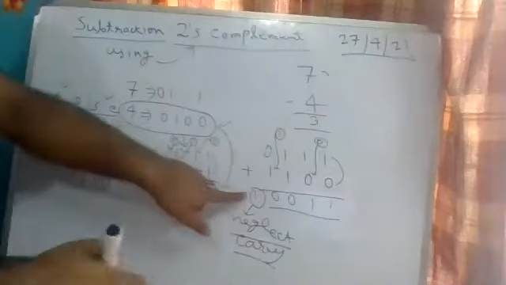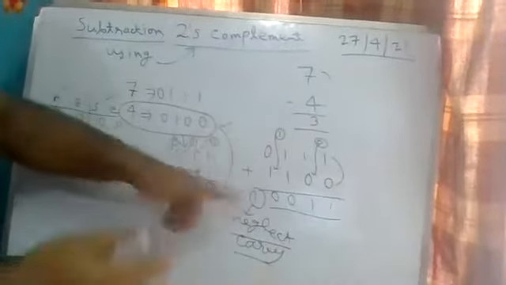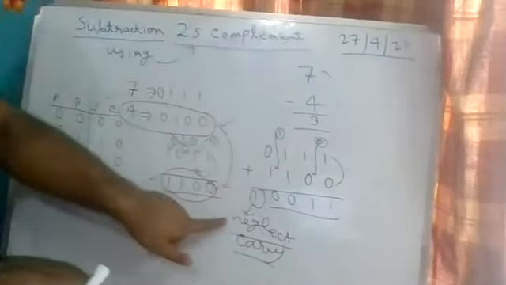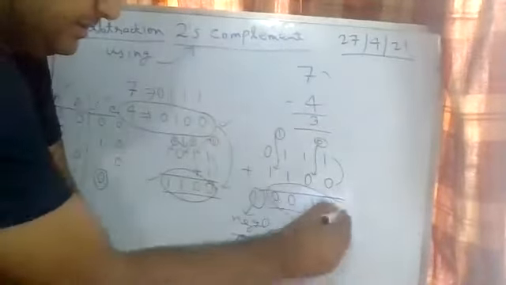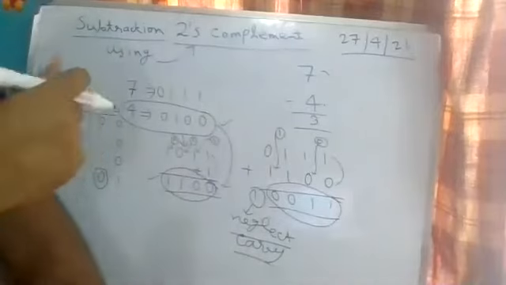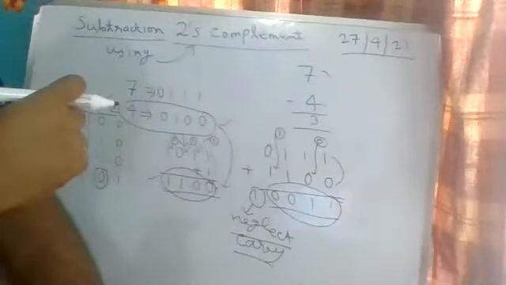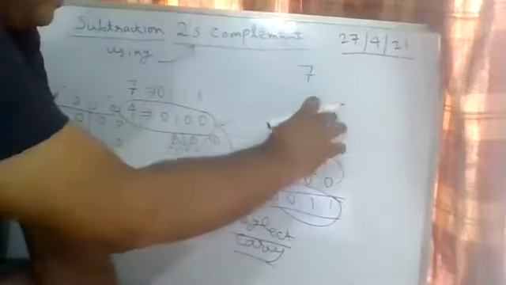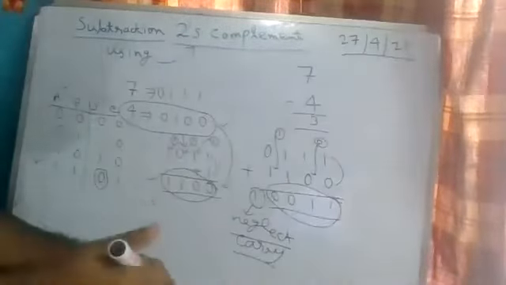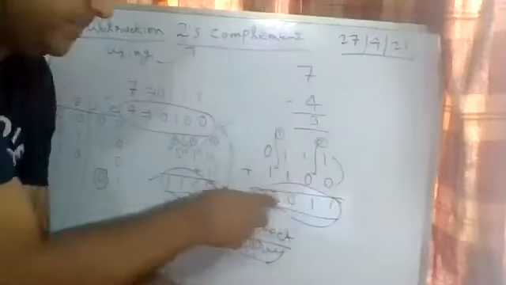But if somehow a carry is generated here, it may be generated, and we have to neglect this carry. And the result that we have will be 0011.